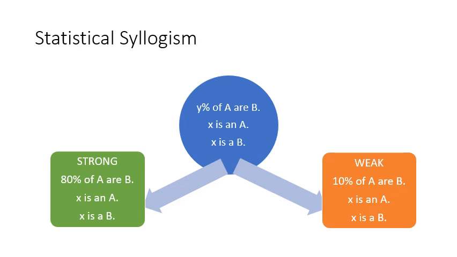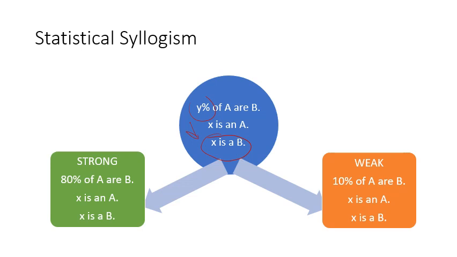So again, this is the conclusion here at the bottom, and this y% is going to tell you whether or not that conclusion is likely to be true. A strong argument is one where the conclusion is likely to be true. So this argument is going to be strong as long as the y here is above 50%.